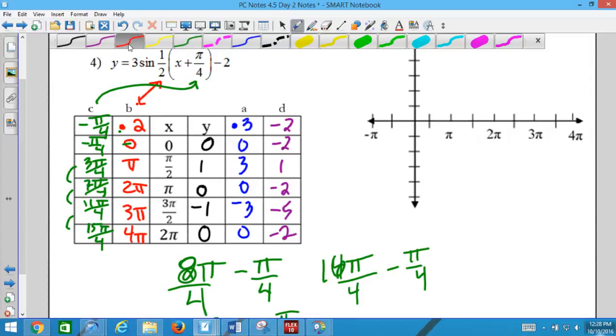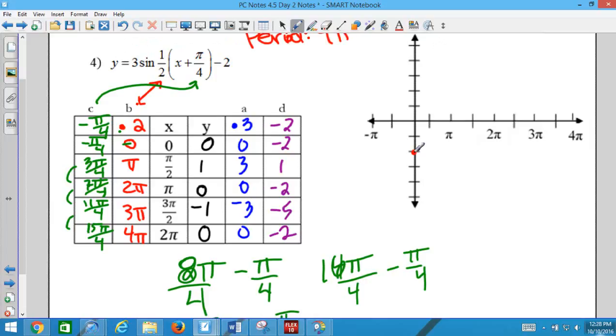I'm just going to do those 5 key points, okay? So I'm going to go to 0, negative 2, and then pi, 1, and then 2 pi, negative 2, 3 pi, negative 3, right? And then 4 pi, negative 5.